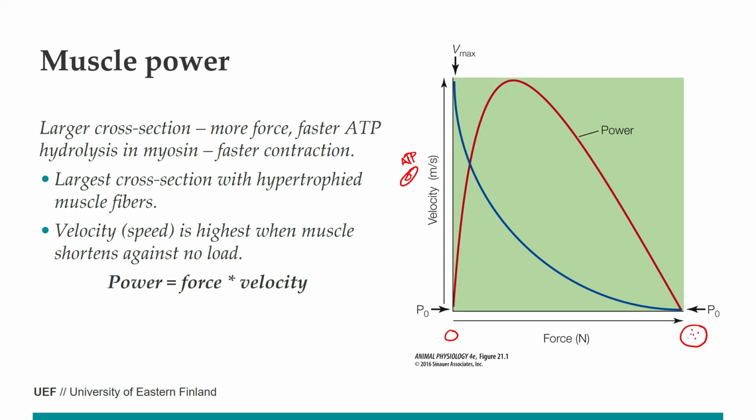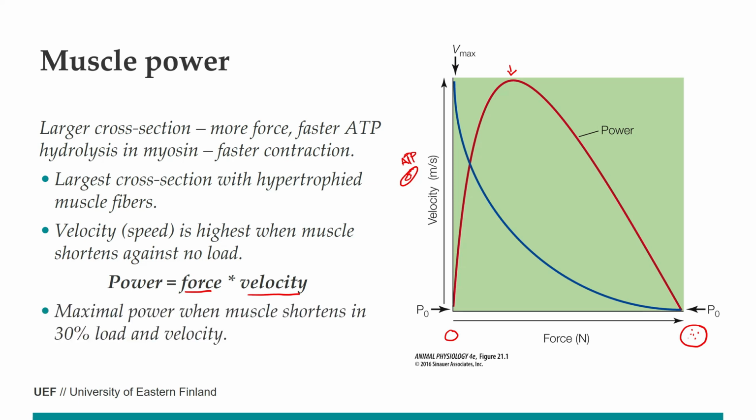And the power of the muscle depends on both, so both force and velocity. And we can see that the power maximum is over there. So it's about 1/3 of the force, 1/3 of the velocity also. And so that's why using the maximal weight is not the most effective.